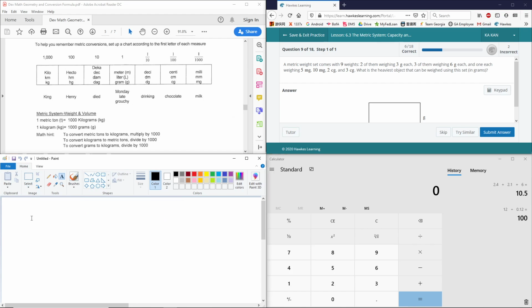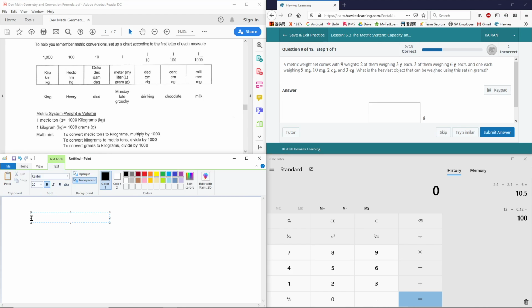So now let's see. We have 9 weights, right? 2 of them are 3 grams, plus 3 of them are 6 grams. And then plus 1, which is 5 milligram, 10 milligram, 2 centigram, and then 3 centigram.